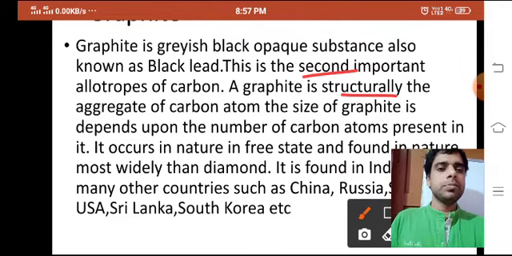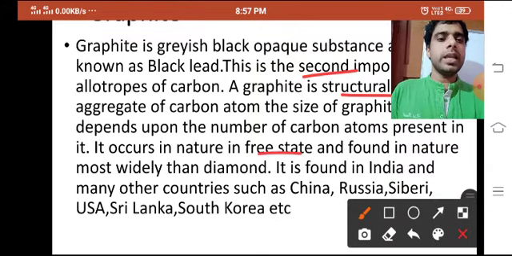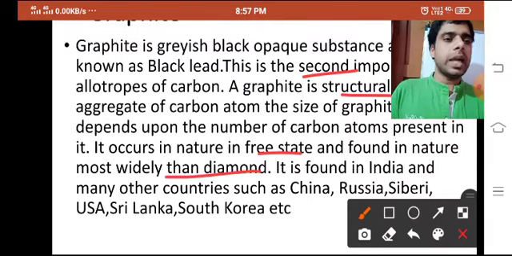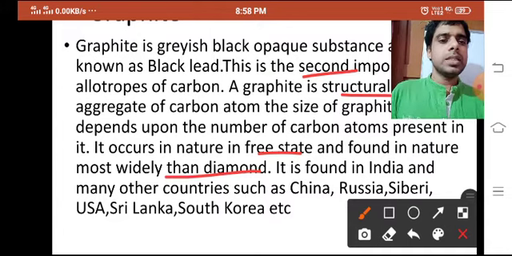Here you can see that it occurs in nature in the free state and is found in nature more widely than diamond. It exists in the free state, and mainly it is found in India and many other countries also, China, Russia, Siberia, and USA, Sri Lanka, South Korea.